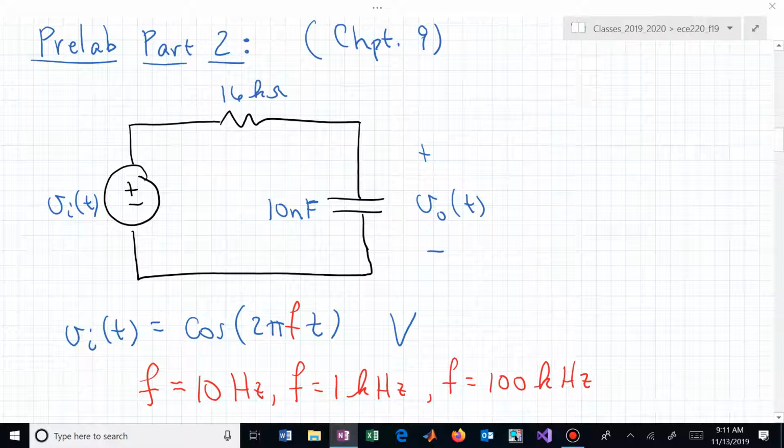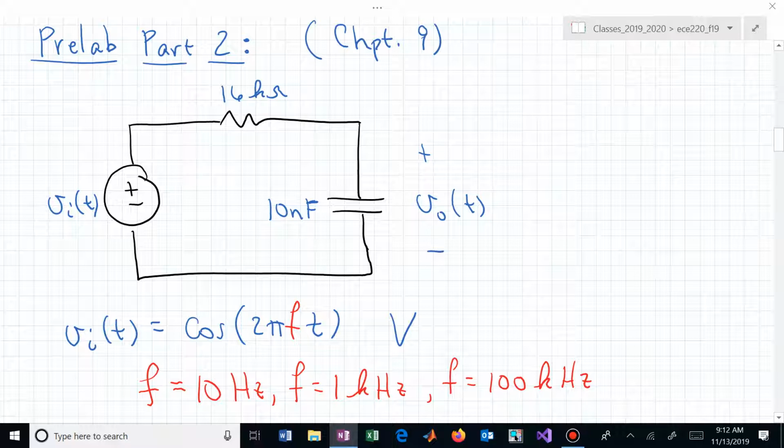And they want you now to analyze this circuit for 3 different frequencies. These frequencies are spaced quite far apart. One is at 10 hertz. One is at 1,000 hertz, and another is at 100,000 hertz.